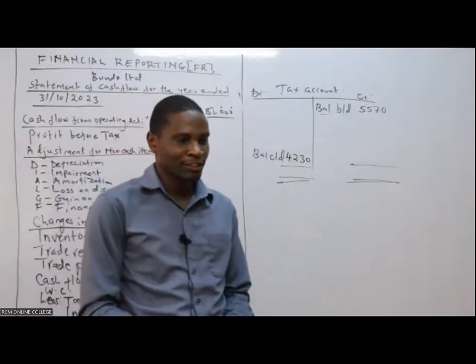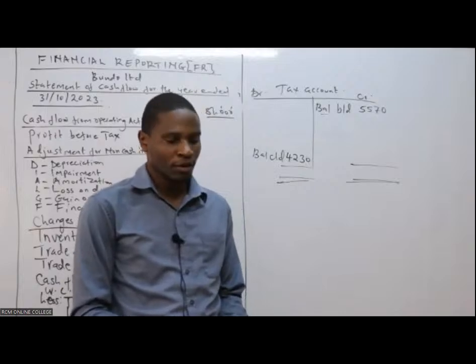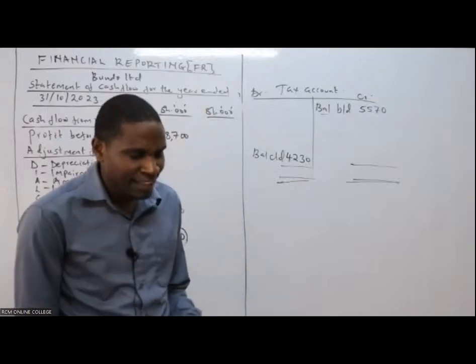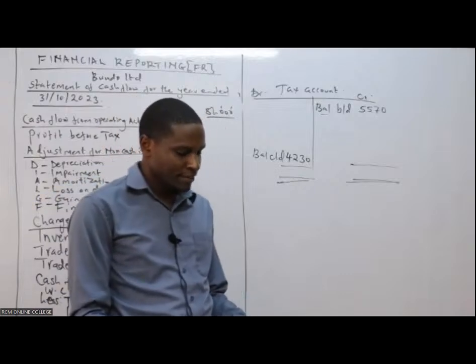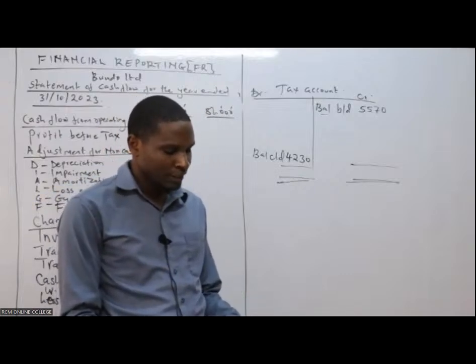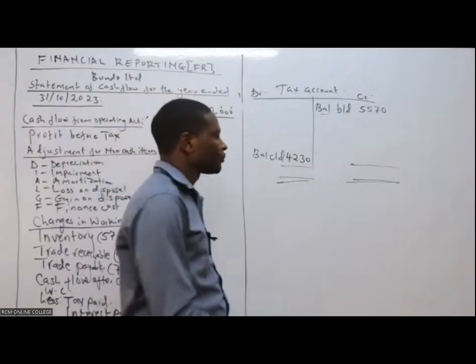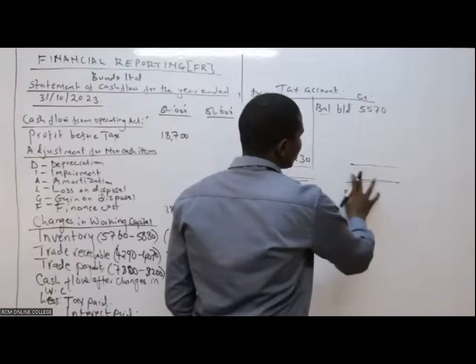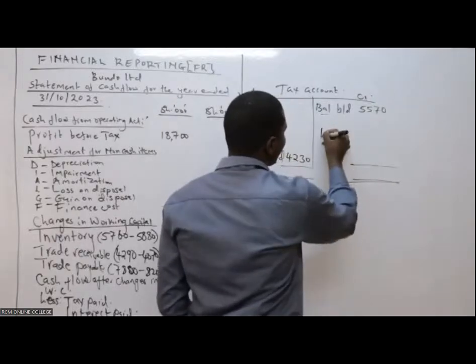How much tax did they pay? Just check the original income statement. 4830, yes, I can see 4830. This is coming from the income statement.